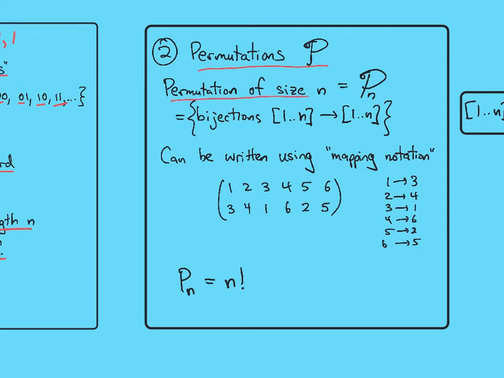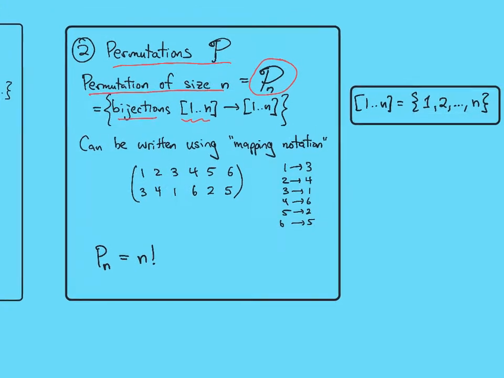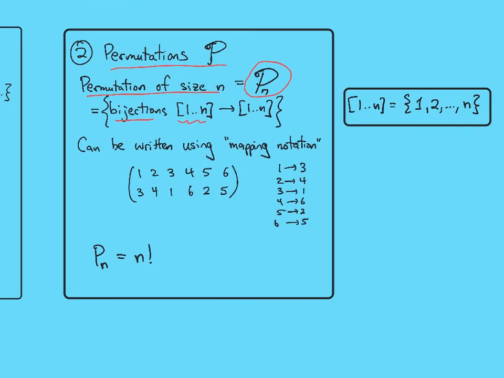So a permutation of size n, so curly P sub n, will be bijections from the integers 1 through n, and that's some special notation that our book uses right here. So this bracket 1 dot dot n will be the integers 1 through n. So permutations of size n will be bijections from the set of 1 through n to 1 through n.